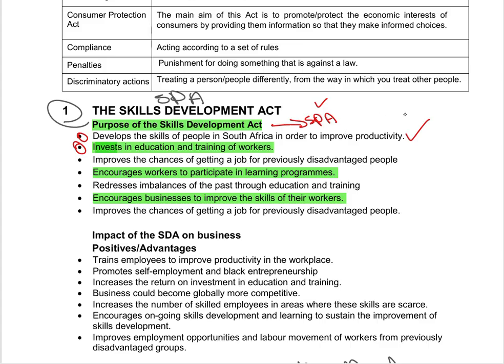Meaning that when we comply with SDA, there will be an improvement of what? Productivity in the workplace. So that's the one you have to take, exactly.